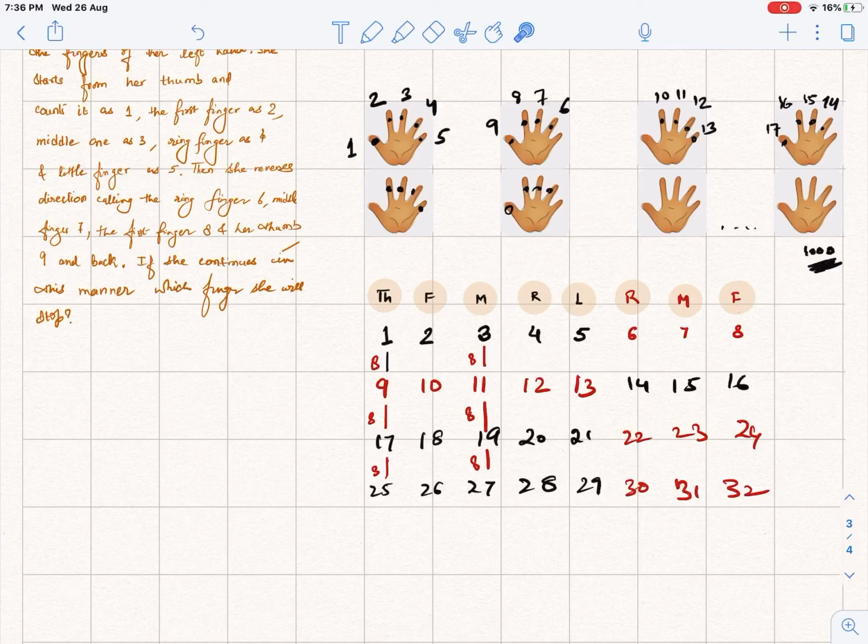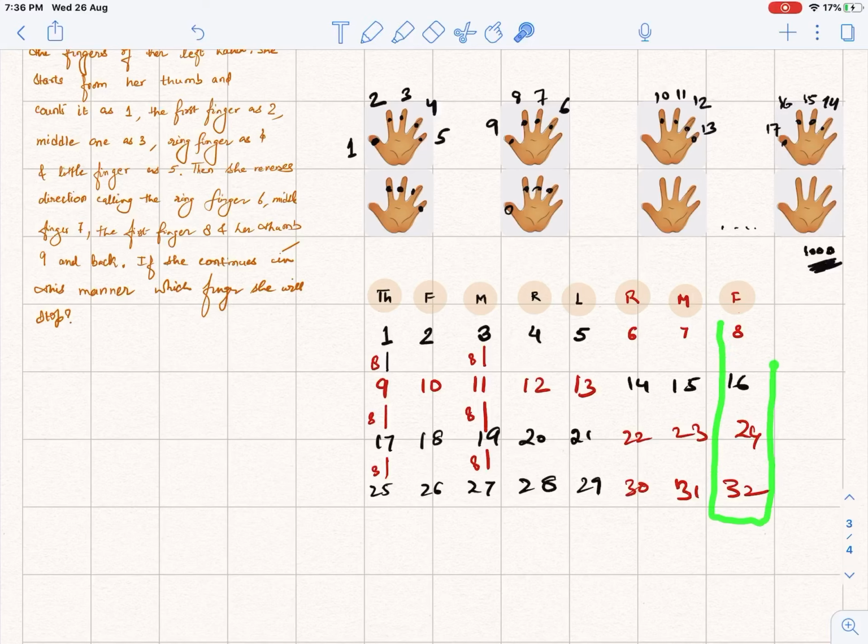If I count 21, I'll be in the same place where I started from 5. So this is a good way to find out any specific number.